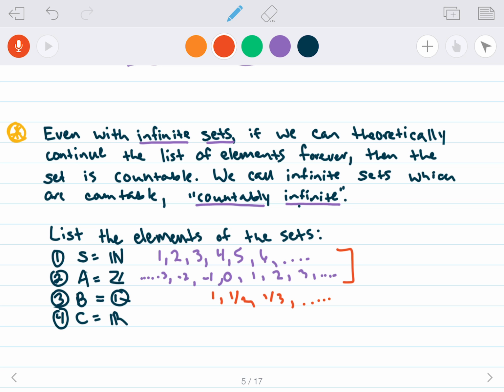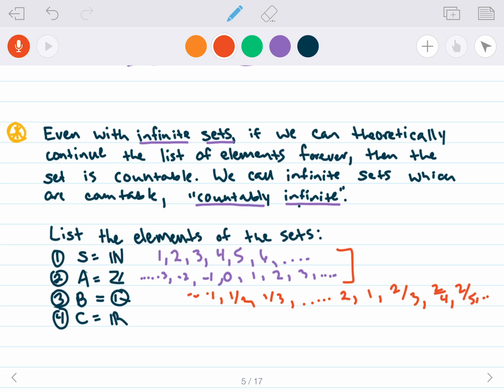We can say that there's 2/1, 2/2, 2/3, 2/4, 2/5. We're going to get some duplicates, but we don't really have an issue. We would be able to theoretically list every rational number. And again, we're going to prove this towards the end of the video. But that's the idea here.